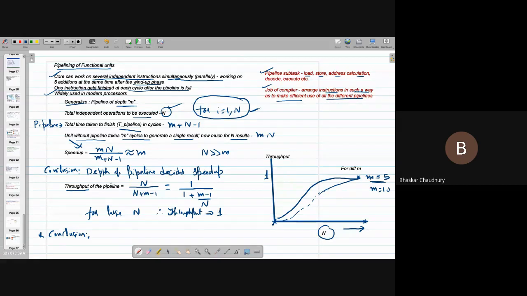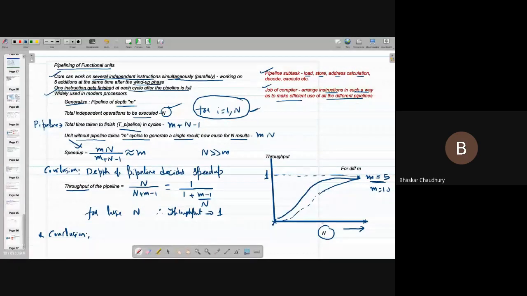Any other important conclusion? Throughput is decided by data size. Yes, n. The point is that we need large independent operations to achieve a throughput of 1, because you can get this value of 1 only when your n is large.